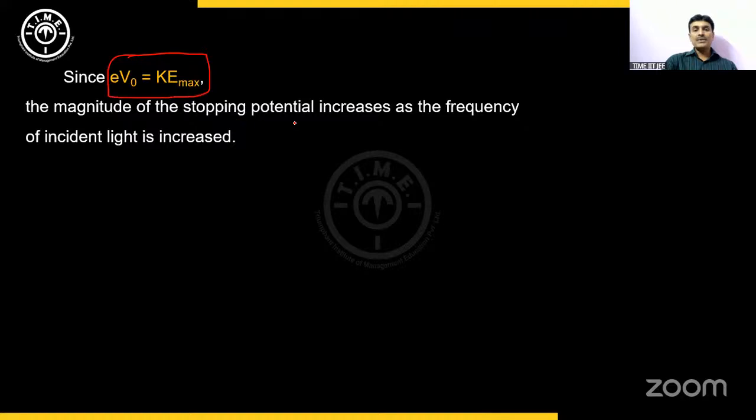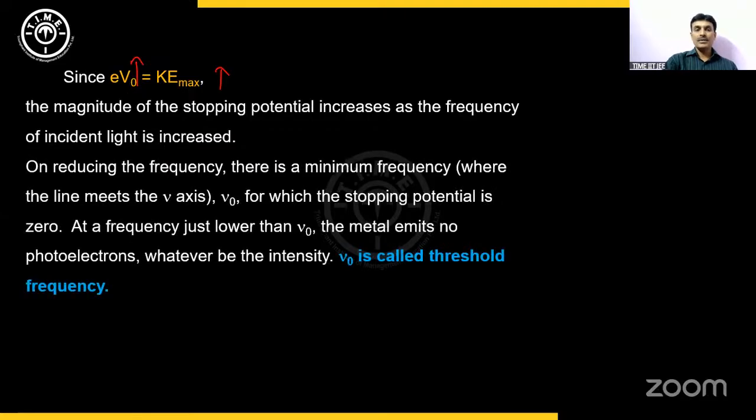So the magnitude of stopping potential increases as the frequency of incident light is increased. With increase in frequency, kinetic energy is going to increase. With the increase in kinetic energy of the electron, the stopping potential also increases. Understood?